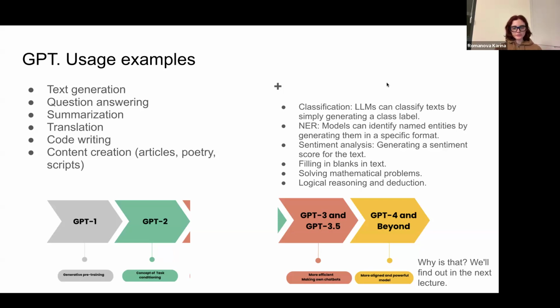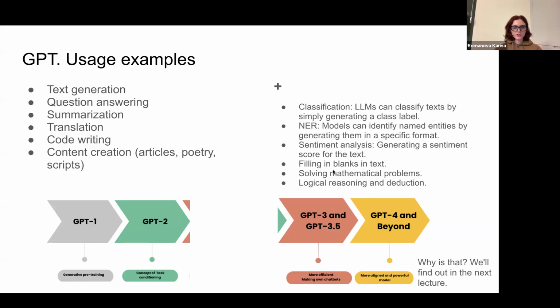But from its 3.5 version, it can solve classification tasks too. It allows a wide range of new tasks, which in previous years were solved only by encoder-only models.